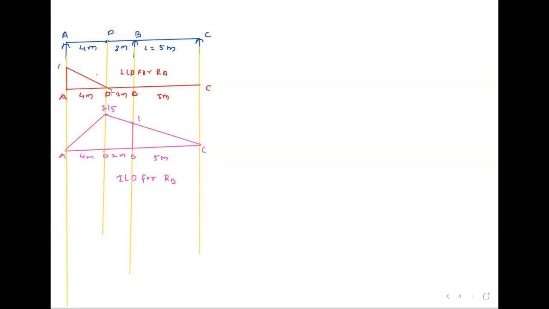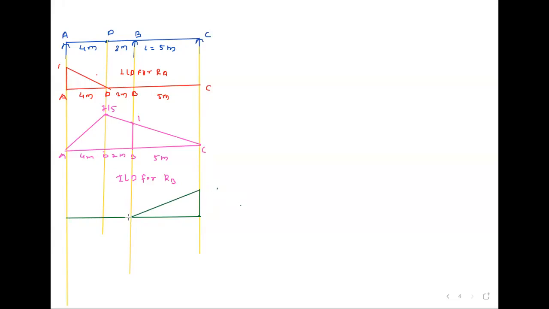आता कशासाठी व्हॅल्यू 1 असणार आहे हो? C. Okay, so we will draw here ILD for RC. C साठी 1 असेल. For C value is 1. After that for B value is 0.